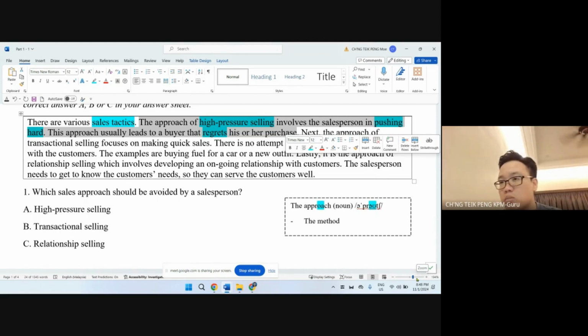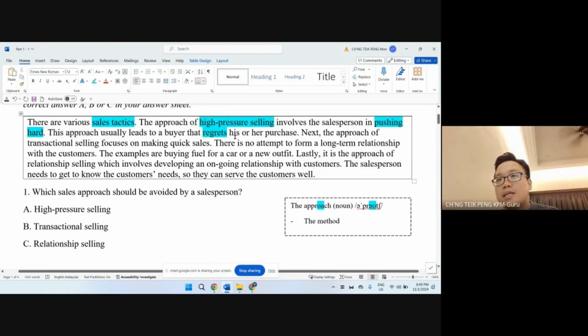If you buy it tomorrow, it will be more expensive. It's like pushing hard. You have to buy it now. If you don't buy it now, you will regret. Okay, and you buy it without much consideration. Okay, 你没有考虑到很多 without much consideration. You buy it, and the next day you regret your purchase. Okay, so that's what we call high pressure selling.